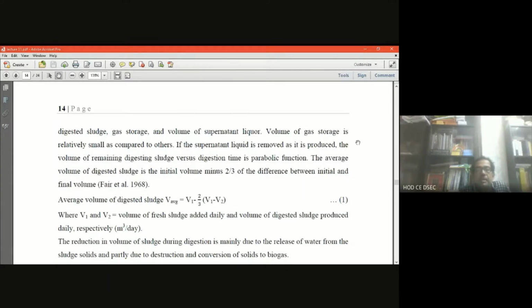If the supernatant liquid is removed as it is produced, the volume of remaining digested sludge versus digestion time is a parabolic function.